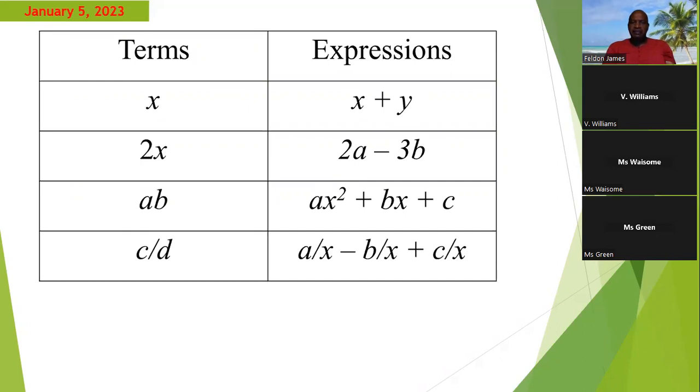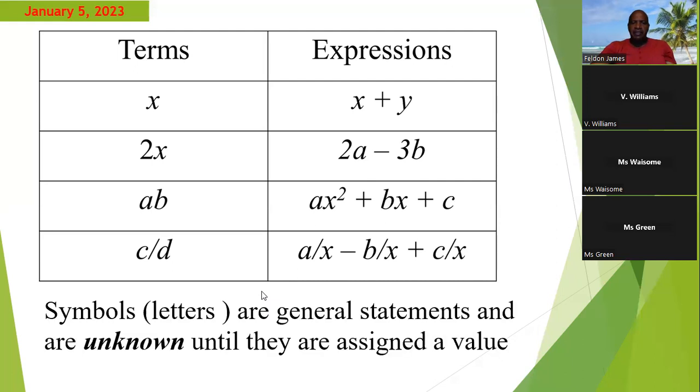All right, so that's the chief difference between terms and expression. So we're going to dig a little deeper and see why we really call them an expression. All right, so symbols, letters are general statements and are unknown until they are assigned a value.